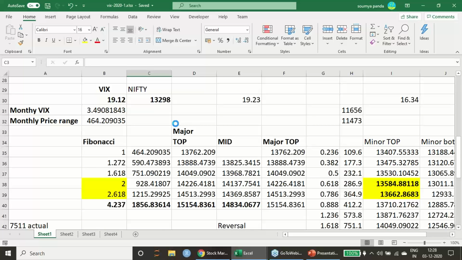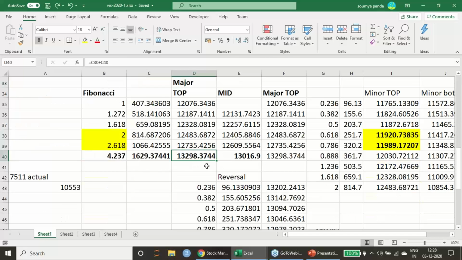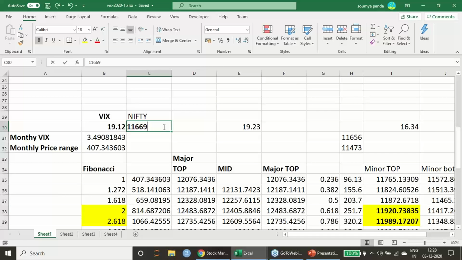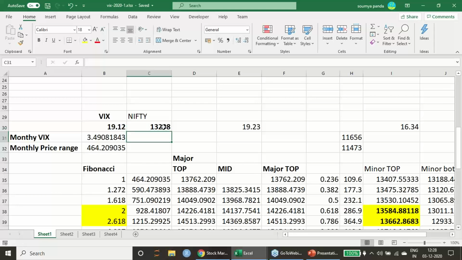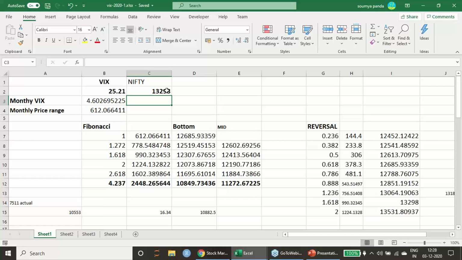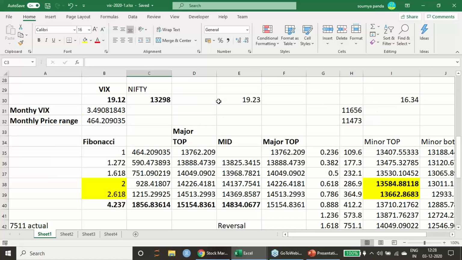If the price moves above 13,298, which is our last calculated top point, then we have to change the price point to 13,298 for knowing the next tops, and at the same time change it to 13,298 for getting the bottoms. The bottoms are associated with 13,298, and the tops in cycle 2 are associated with 13,298.